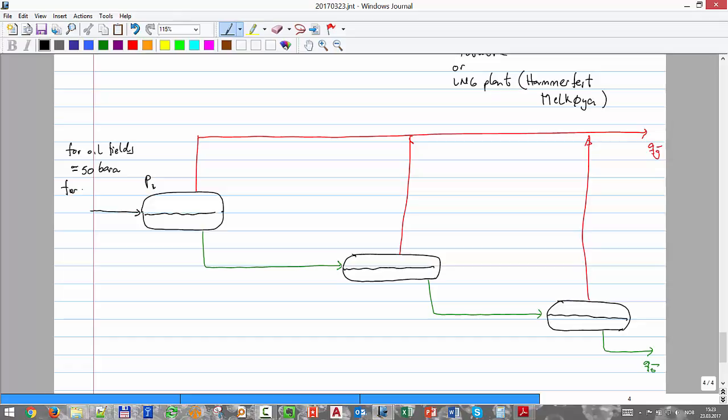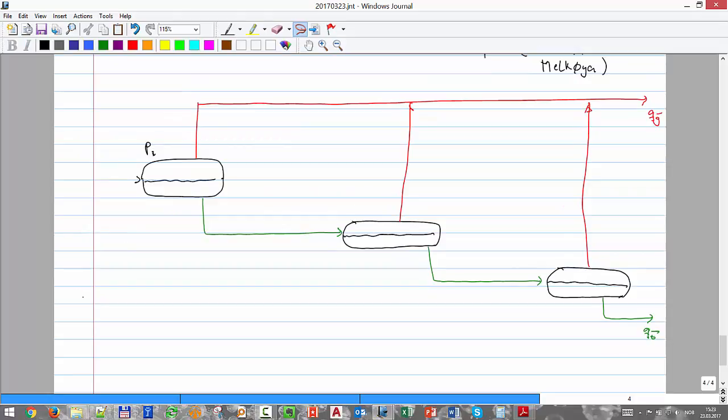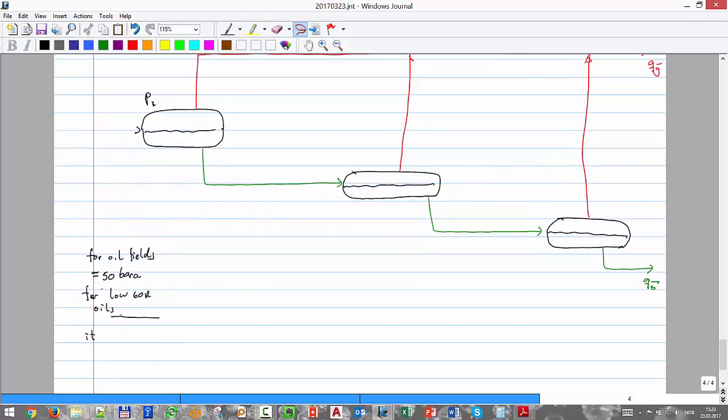For we don't call it heavy, but like low GOR oils, it can be lower. It can be down to maybe 20, 25 bar.